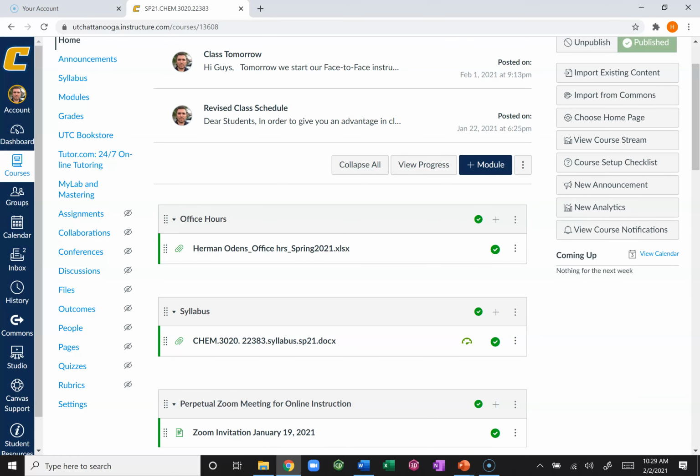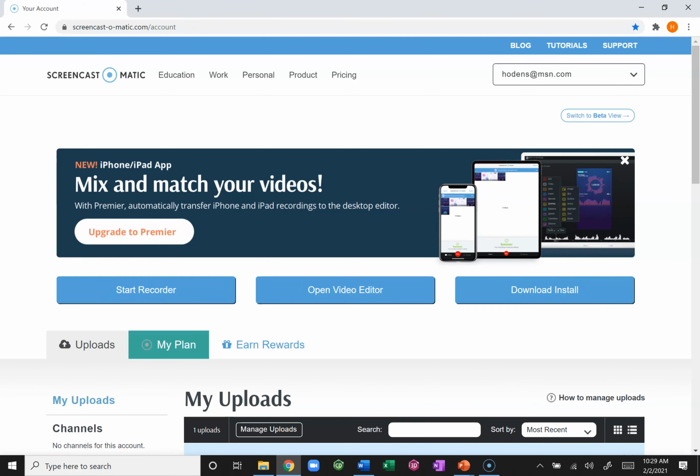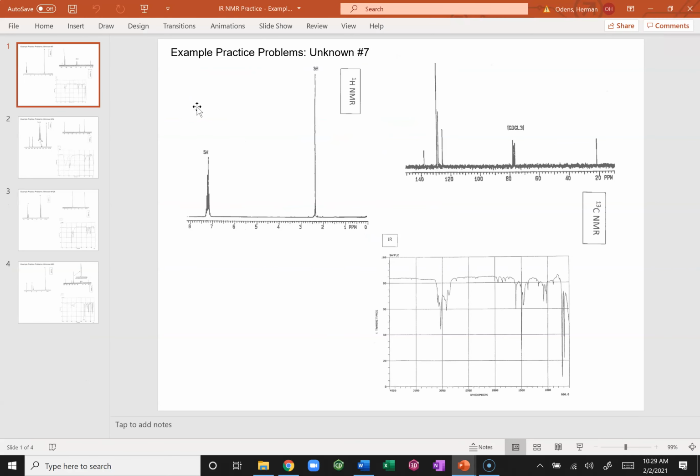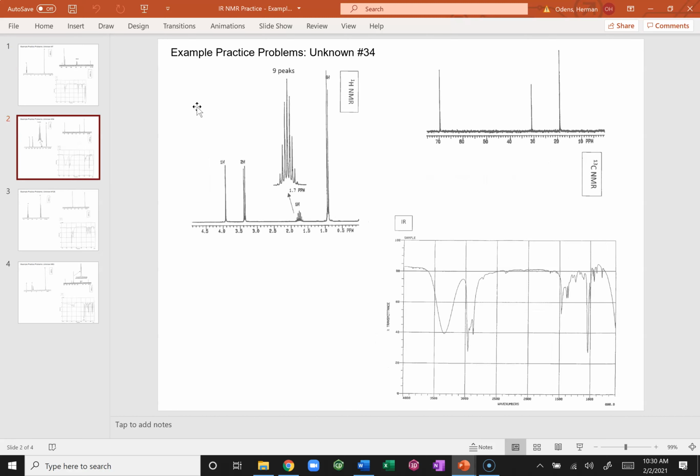Oh yeah. Okay, let me pull up the practice package. Before I go there, my unknowns will look like this, where I give you everything in one page. You have the proton, the carbon, and the infrared all in one page.